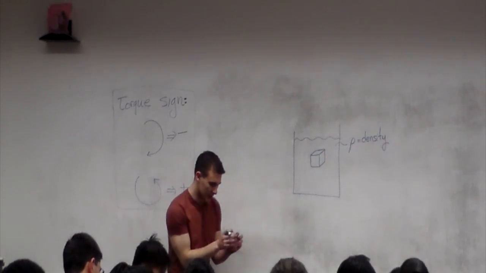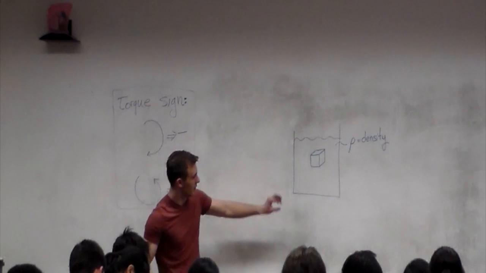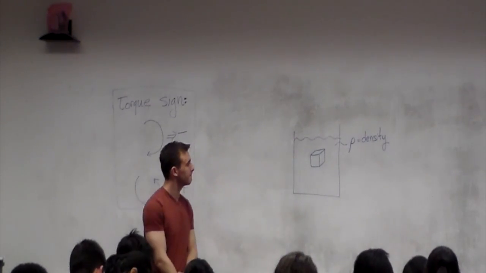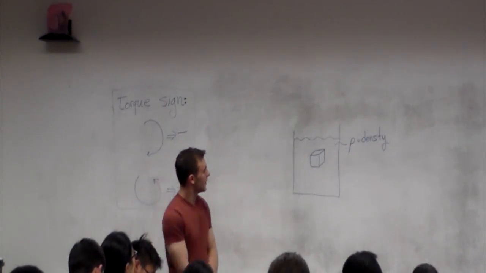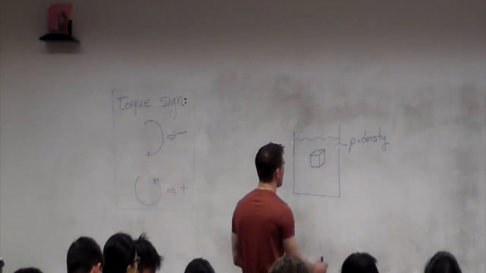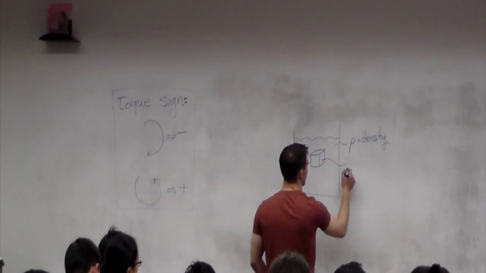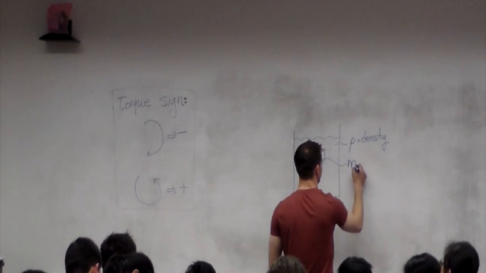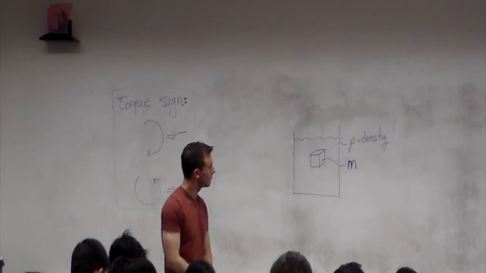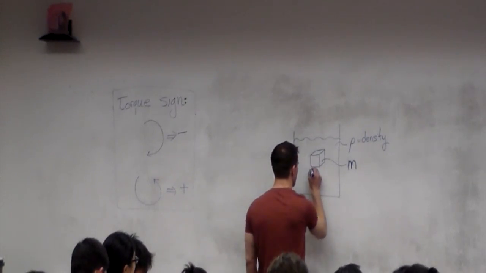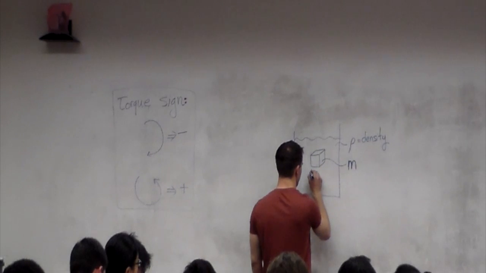So every little volume of the fluid has the same mass. And so my cube has mass m, and volume, and the length of each side is A.